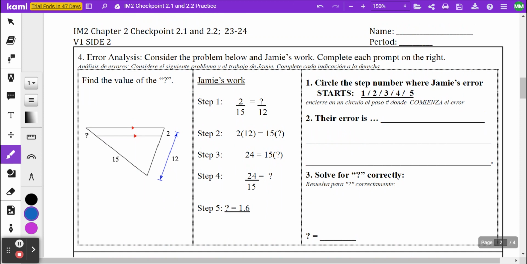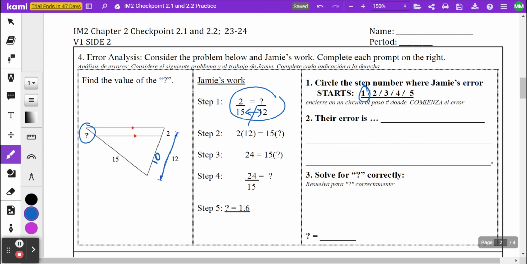Number 4, error analysis. Consider the problem below and Jamie's work. Complete each prompt on the right. We're trying to find the value of this question mark. Step 1, Jamie put 2 over 15 equals 12 over, okay, I see what's happening. First of all, the error is in step 1. It doesn't make sense to write 15 across from 12, because 12 refers to a whole distance across the triangle. I would want to do 12 minus 2, which is 10.